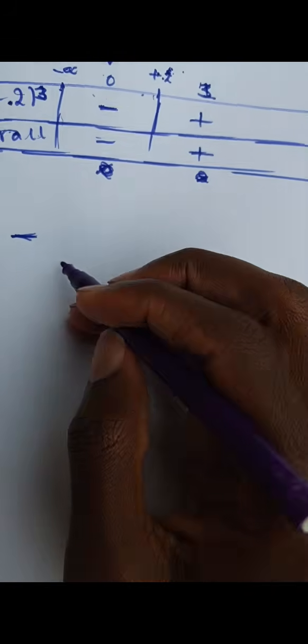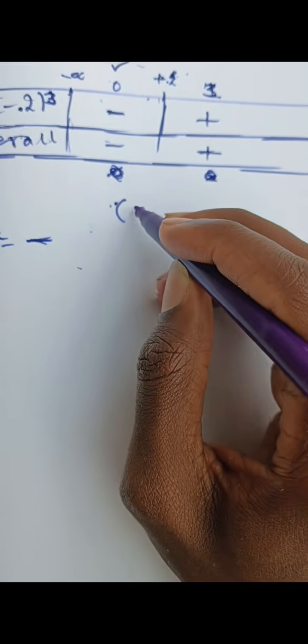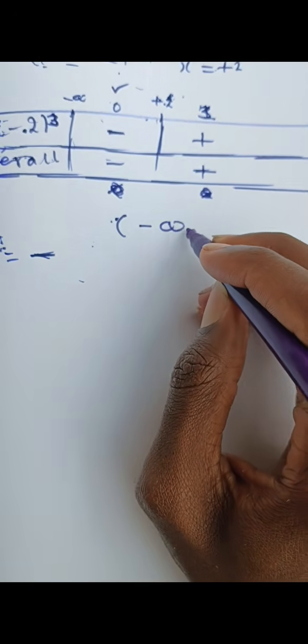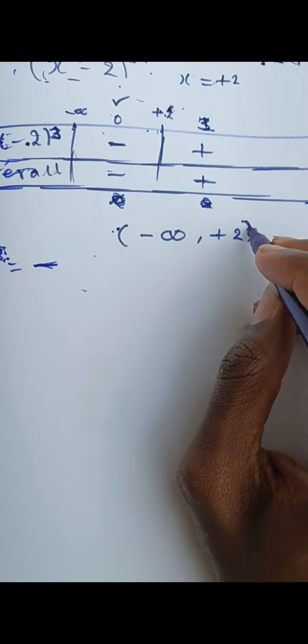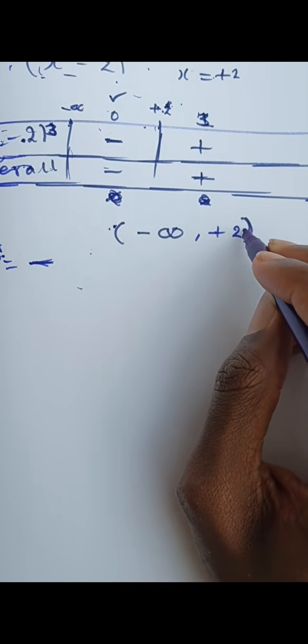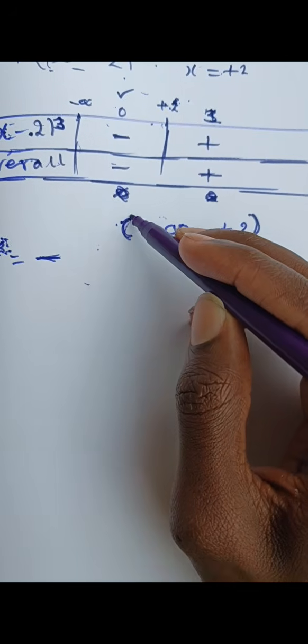Now you need to write your answer in intervals. So in intervals, we're going to say the range is starting from negative infinity to positive 2. Now look at the symbol that I've used here. I hope by now, if you've watched my videos on interval notations, I say that wherever there is infinity, the symbol should always be this one.